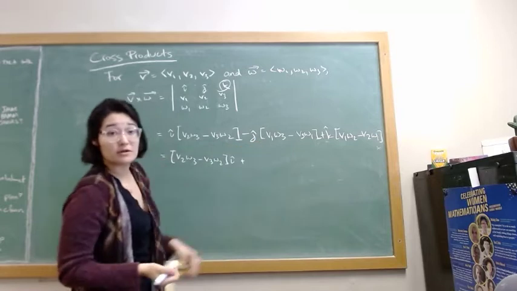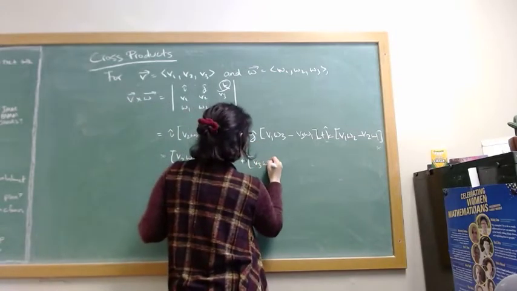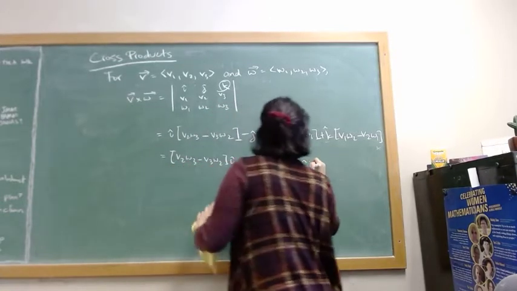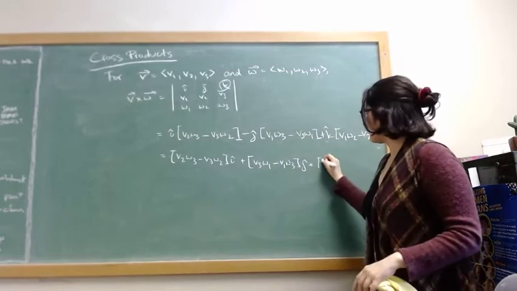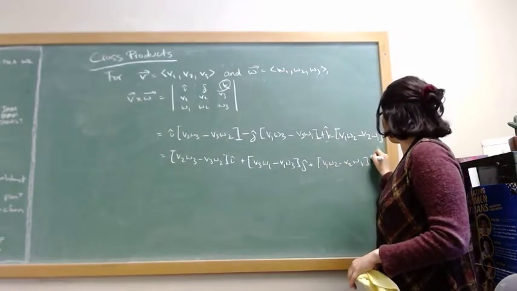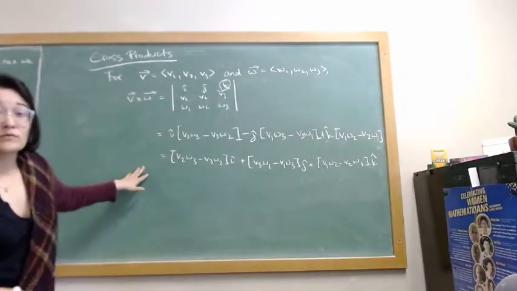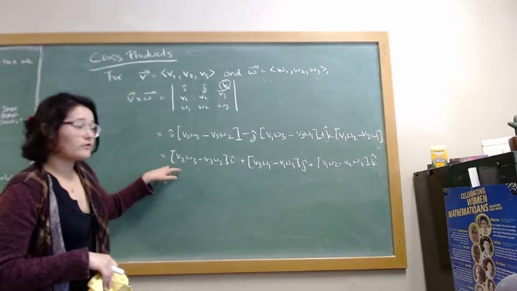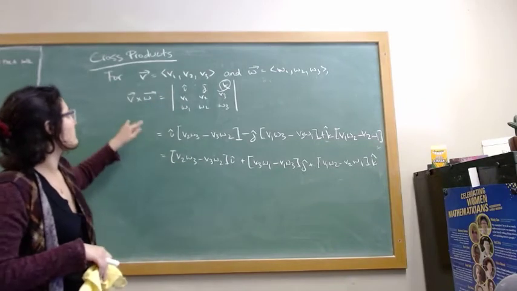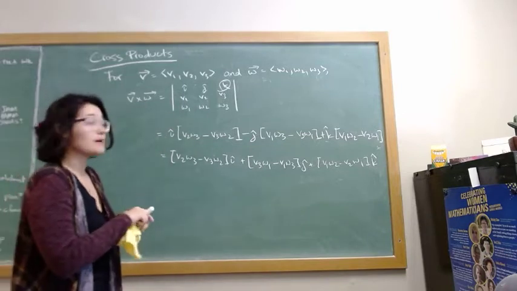I'm going to distribute that minus sign, so I end up with plus v3w1 minus v1w3 times j hat, and my k hat's the same as before, v1w2 minus v2w1. And so if you prefer the formula, just memorize this formula and then you can plug in your numbers. If you prefer the determinant process, then you can go ahead and use that and you'll end up with the same answer.